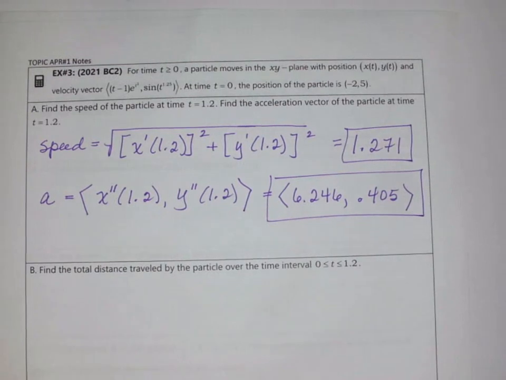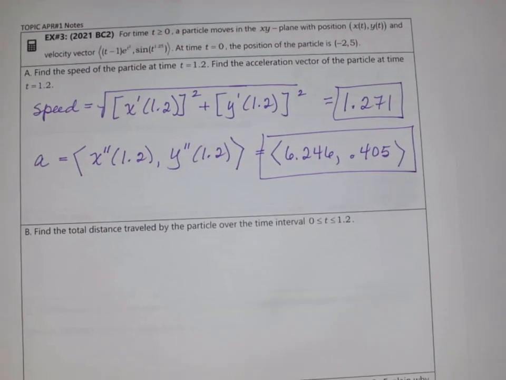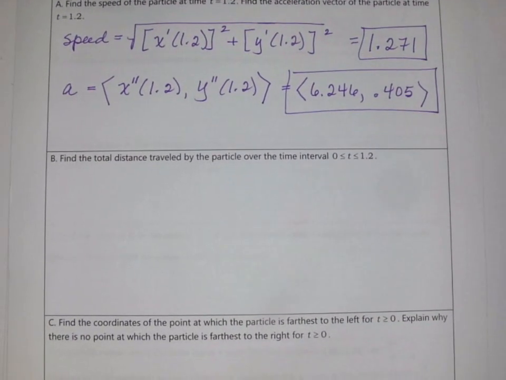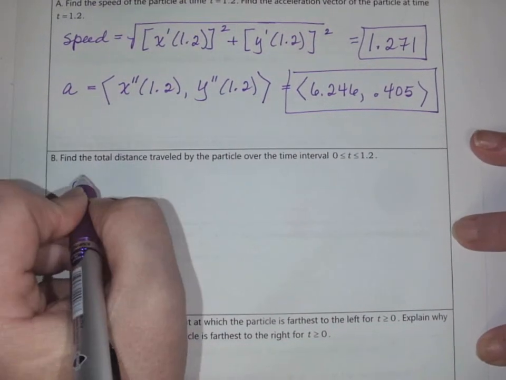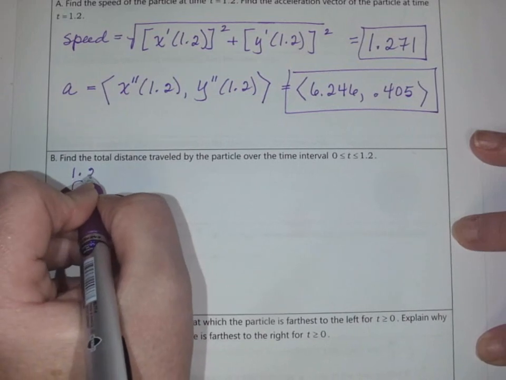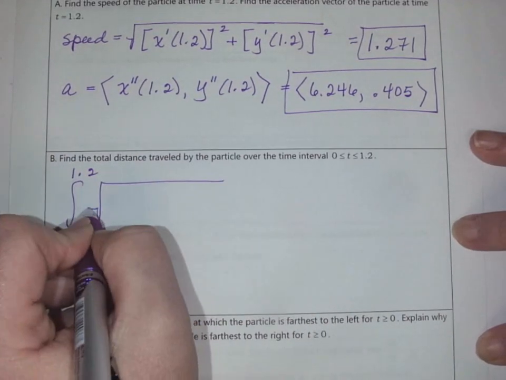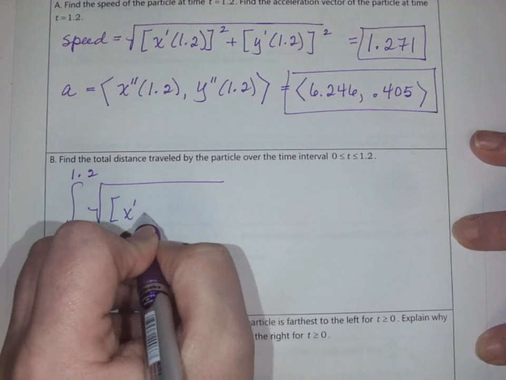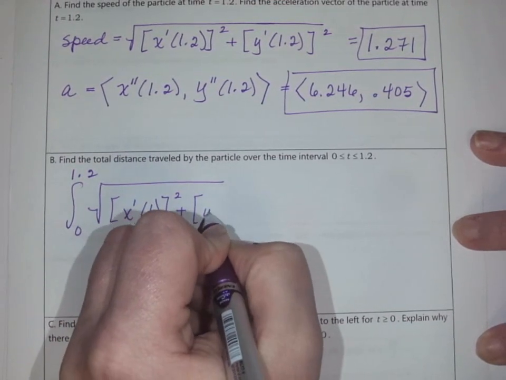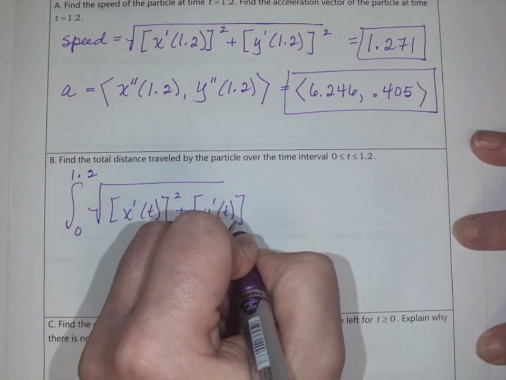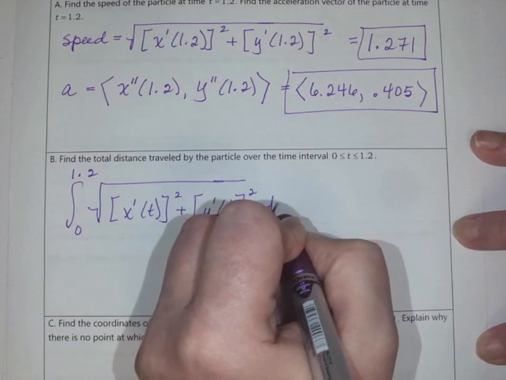Okay. Next one, find the total distance traveled. Do these not all start to look the same? Find the total distance traveled by the particle over the time interval from 0 to 1.2. So again, we're going to look at the integral of speed. So we'll have the integral from 0 to 1.2 of the square root. We'll do x prime of t quantity squared plus y prime of t quantity squared dt.